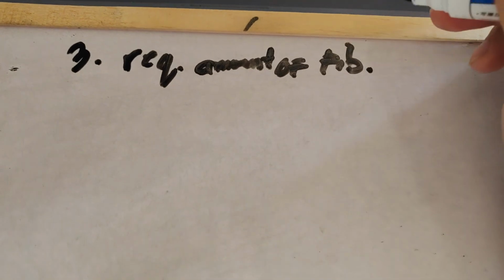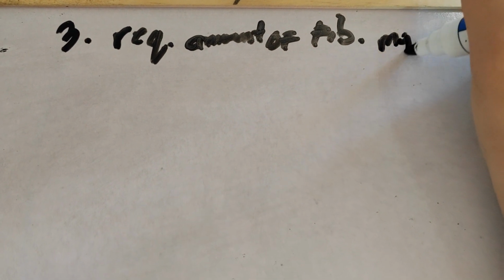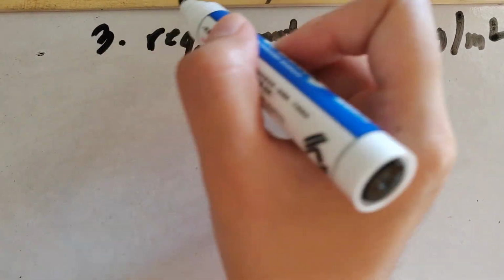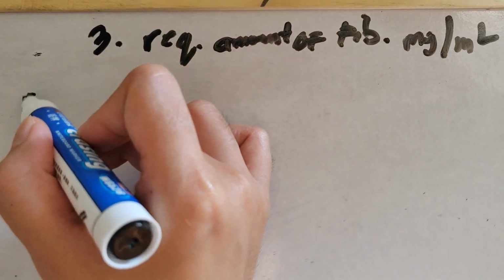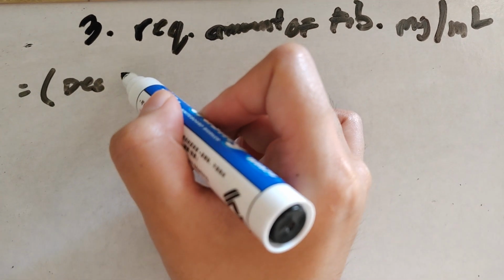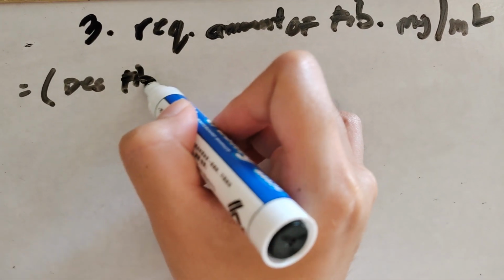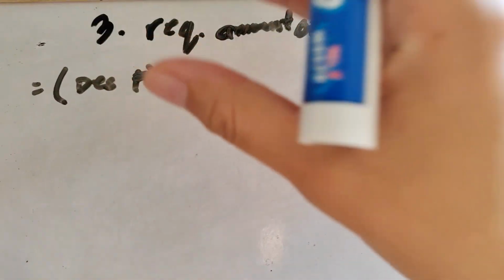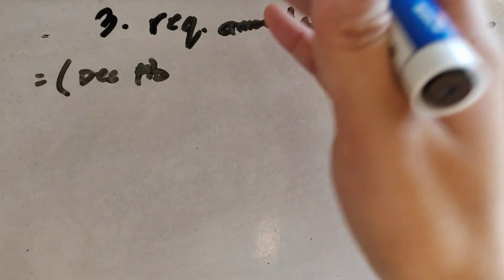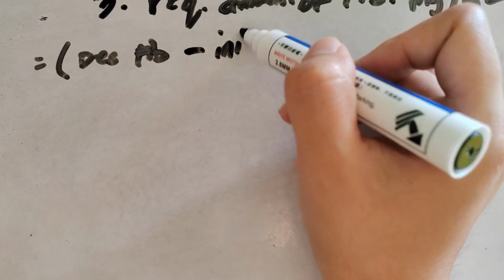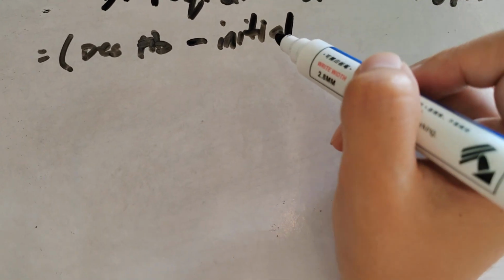Ang inyong unit ha. Kaya natin siya convert kanina. Okay? So, our formula for this one, our desired amount, desired fibrinogen, or desired final value of fibrinogen minus your initial, kung ano yung meron si patient ngayon.